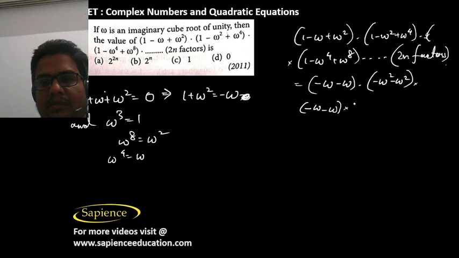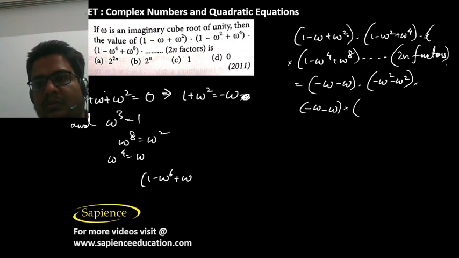Then again into this will be 1 minus omega power 6 plus omega power 4 times 4, then this will be 2 times 4, that is 8.